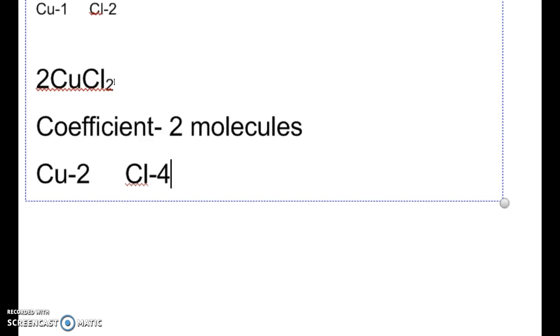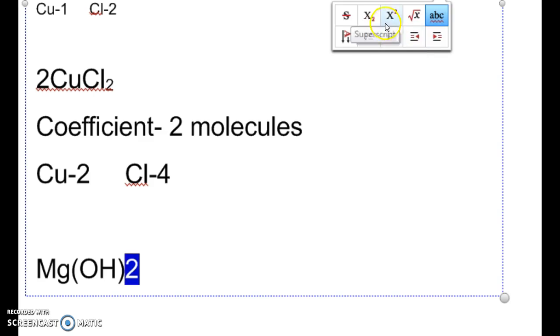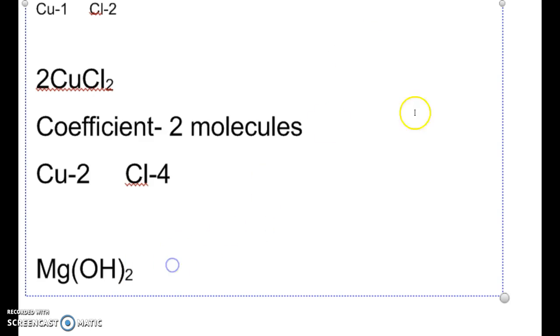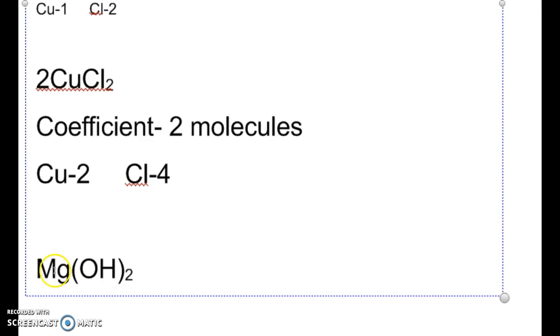Which is super easy. So if I have a situation like MgOH2, and I'm going to drop this down, then what this is telling me is I have one molecule because there's no number up here in front of this.